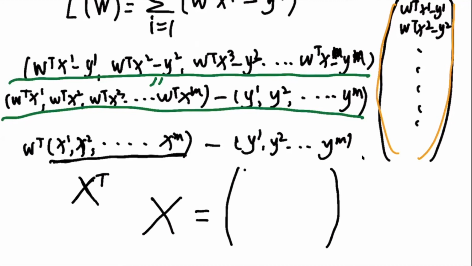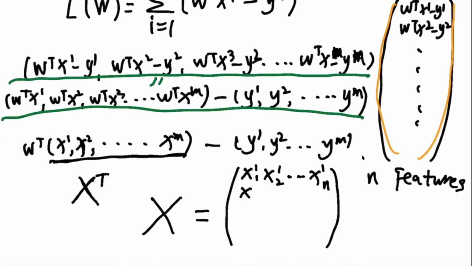It will be x11, x12, up to x1n. We suppose we have n features. Then x21, x31, up to xm1. We have m data points, so this matrix is m by n. But we put it here as X transpose, which is n by m.